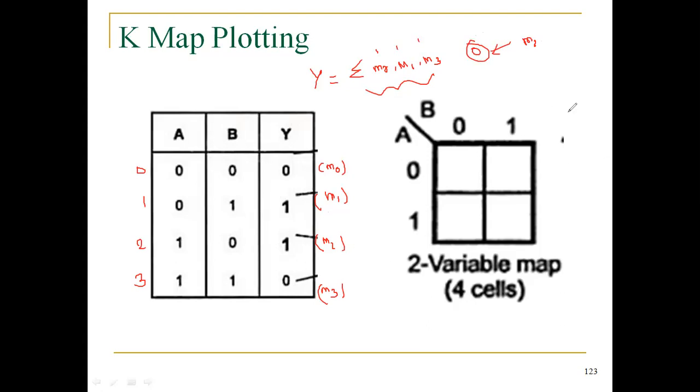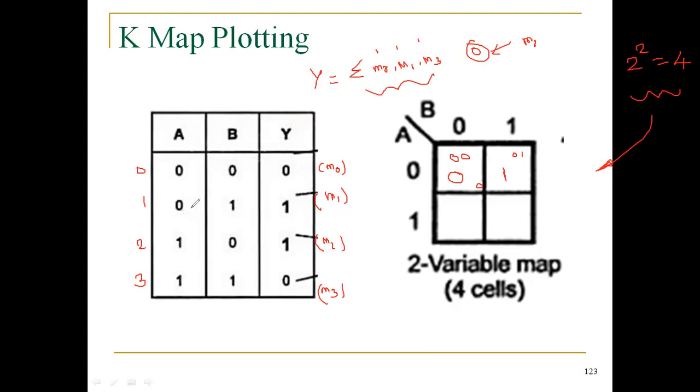This is the 2 variable Karnaugh map. So 2 power 2 is equal to 4 cells. So how are these 4 cells filled? This cell is 0 0, so the output value is 0. This is 0 1, so the output value equal to 1.